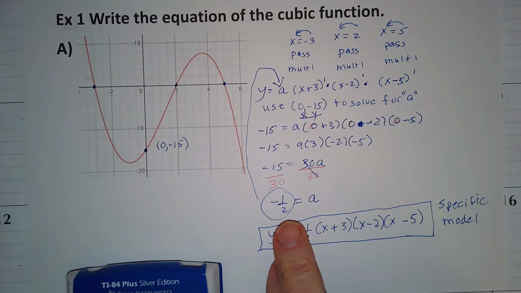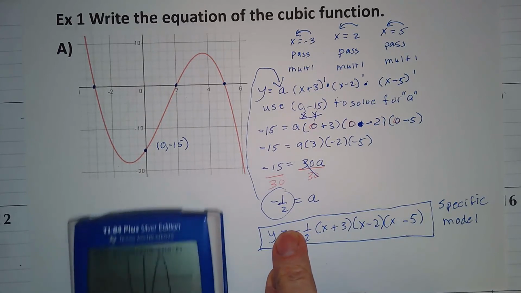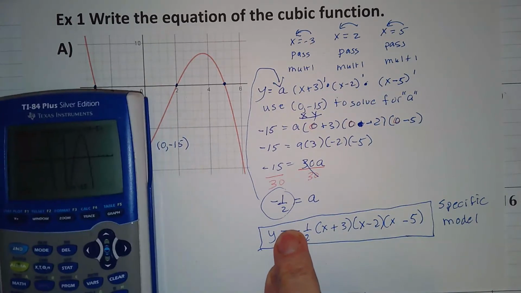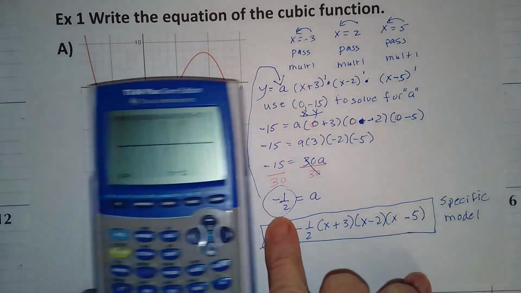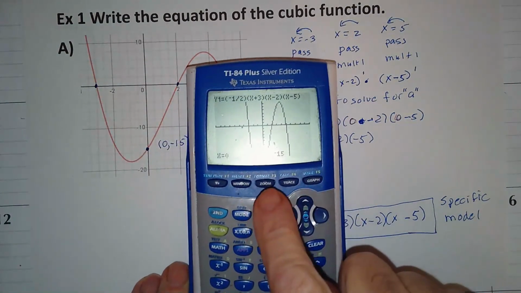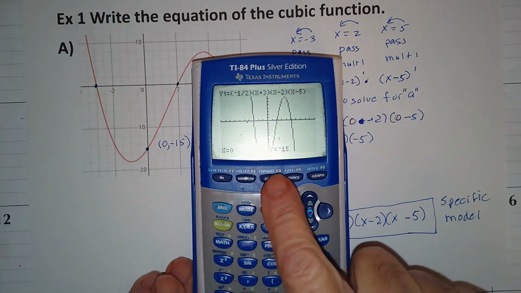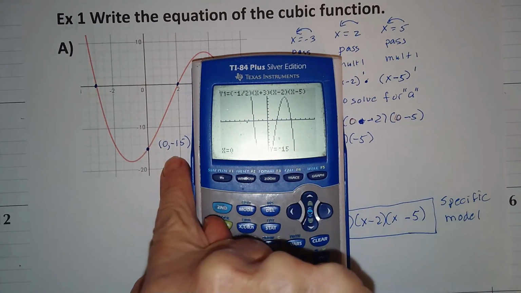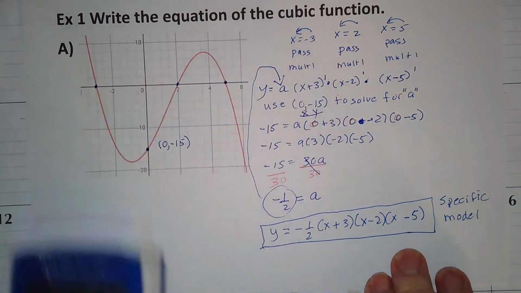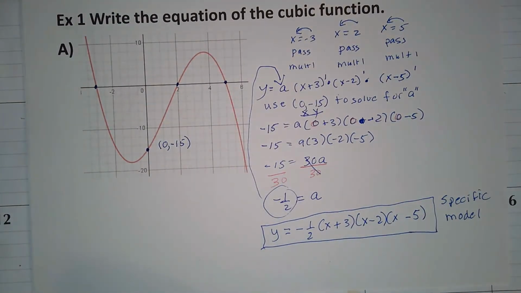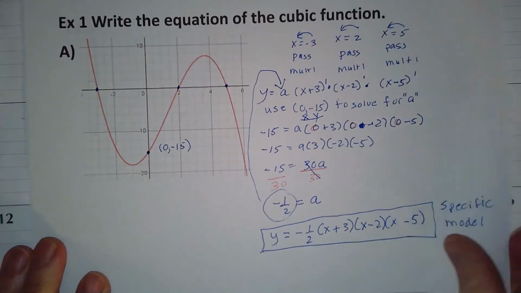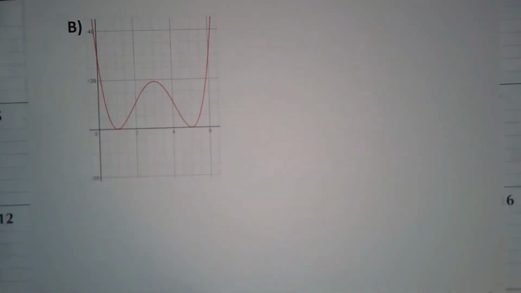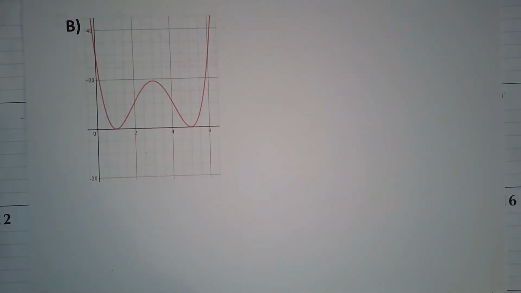I want 0, negative 15. So if x is 0, y is negative 15. If you put in trace, it's going to give you the y-intercept. X is 0, y is negative 15, which is what we have here exactly. So we at least can see that. All right, so we've got our specific model here. Let's move on. And we'll deal with that little issue with graphing calculators later.